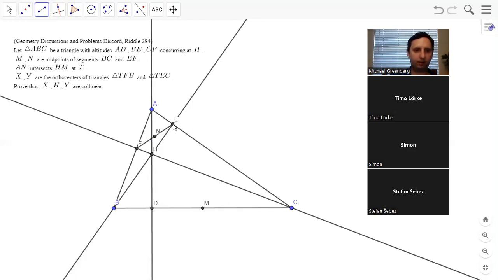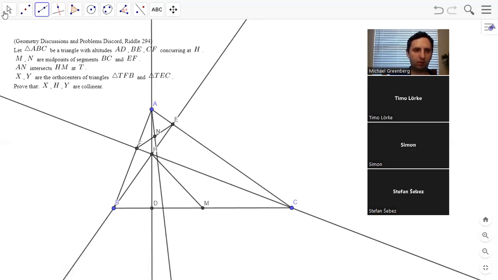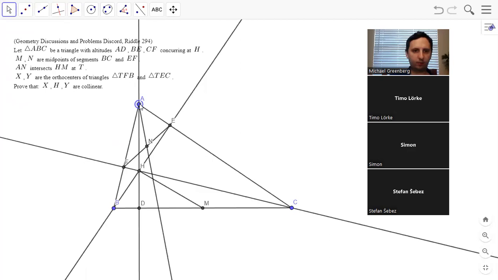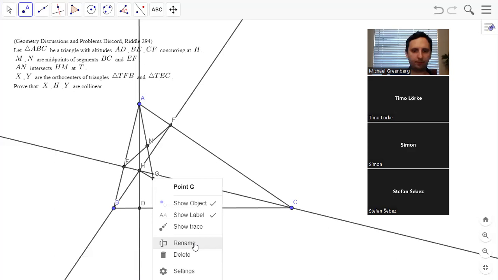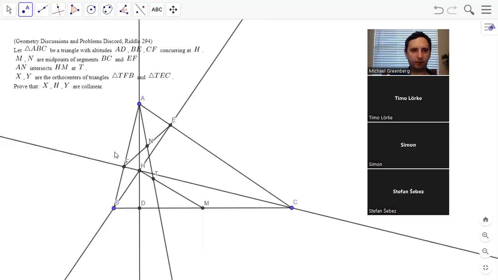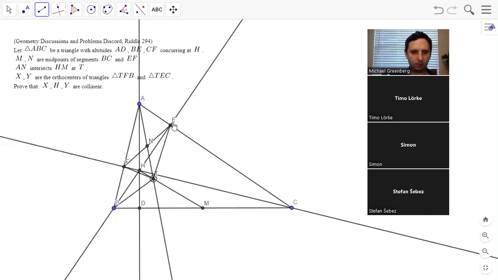And AN intersects HM at T. Let's make T a little bit farther away, so this will be point T. Then we draw the orthocenters of TFB and TEC, and we want to show X, Y, and H are collinear.